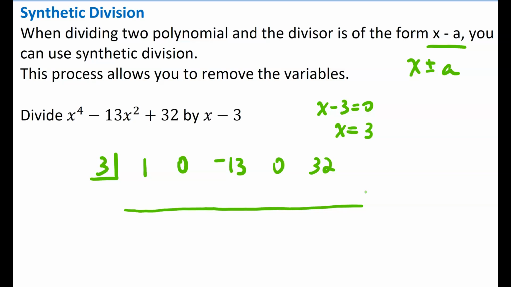Now again, this is like polynomial long division. Each new step builds off the previous step. When we start, the first term always just carries down.